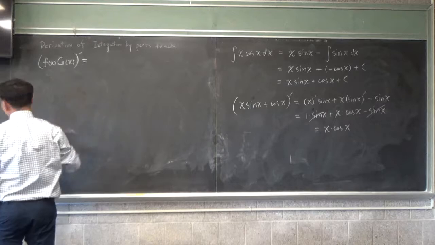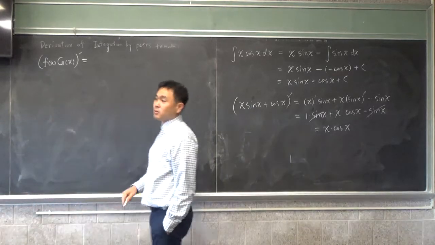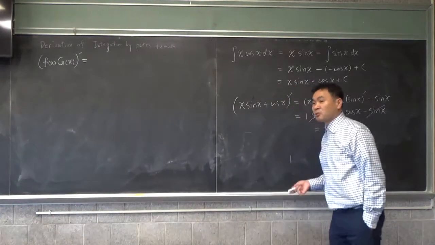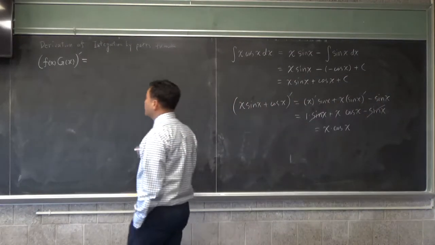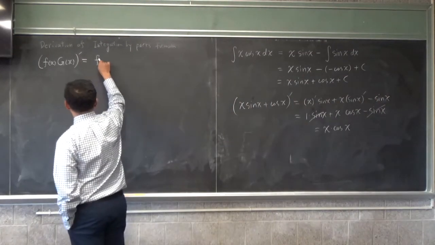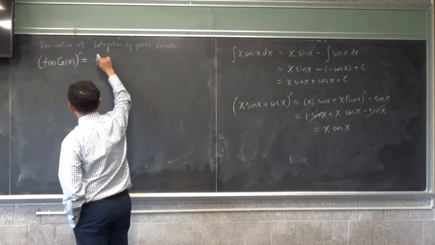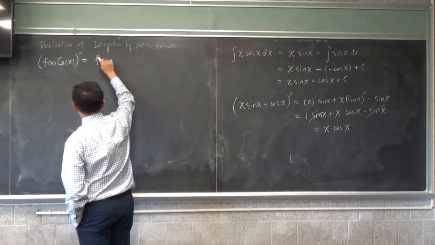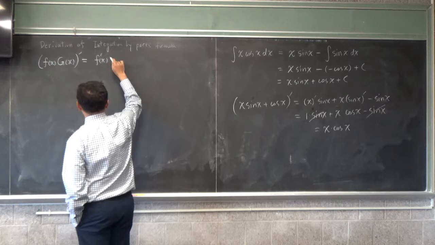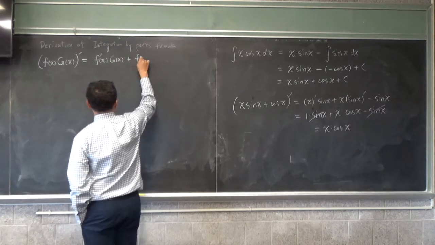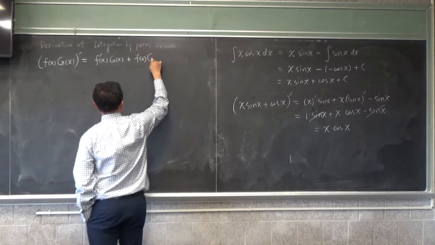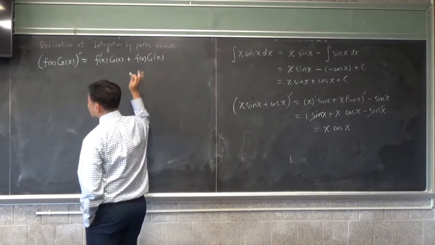So let's say you have products of two functions. Then we have to use the product rule, right? So this is f prime of x, G of x, plus f of x times g prime of x. That's just the product rule.